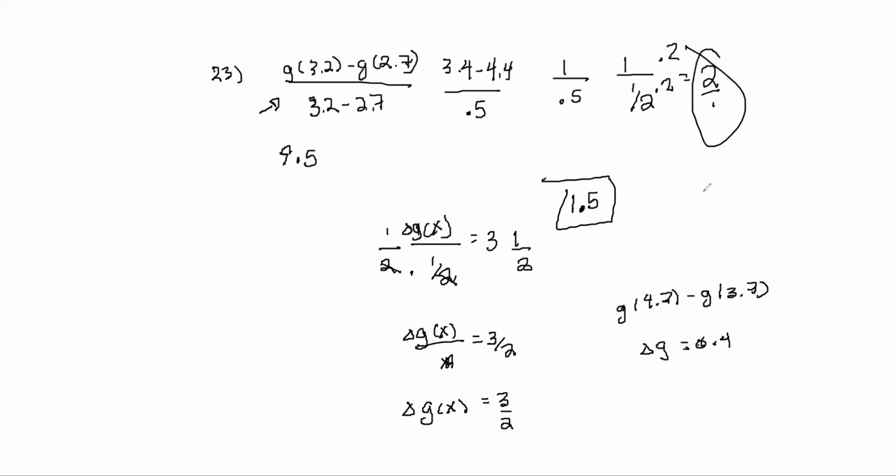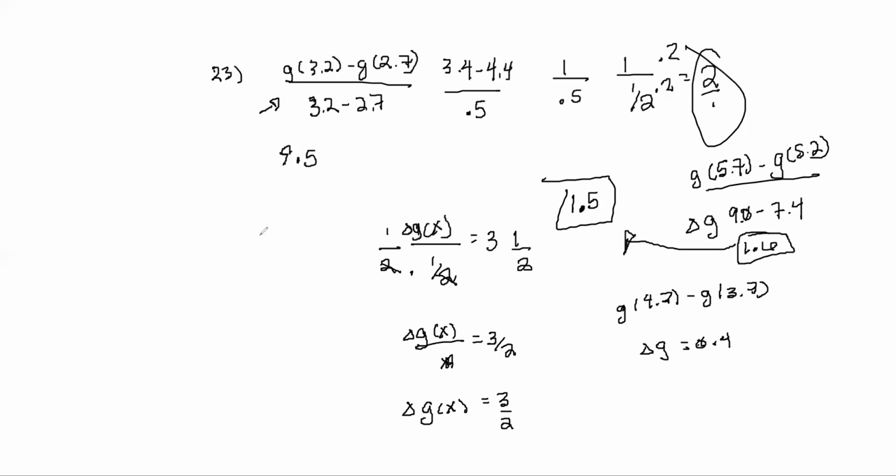What jumps out to me is I see g of 5.7 and g of 5.2, and that looks like it's going to be a delta g of 9.0 minus 7.4, or an increase of 1.6, which I think is pretty darn close to 1.5.